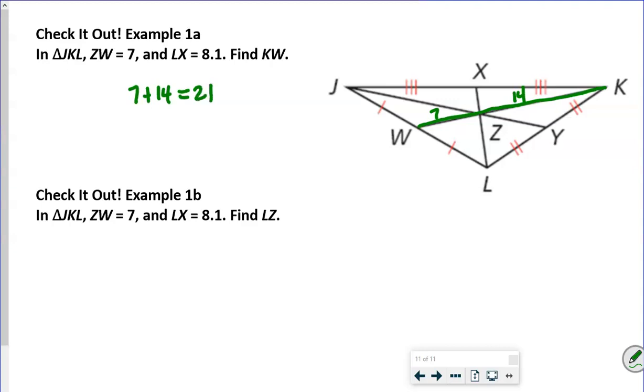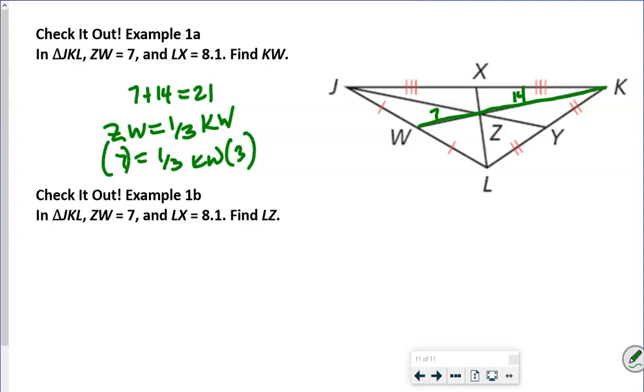So once again, we could have said that ZW is equal to 1/3 of what? KW, the whole thing, right? So again, how do we do this? 7 is equal to 1/3 of KW. Multiply both sides by 3 again. So isn't that our 21? So 21 is equal to KW. 2 ways to do it, okay?